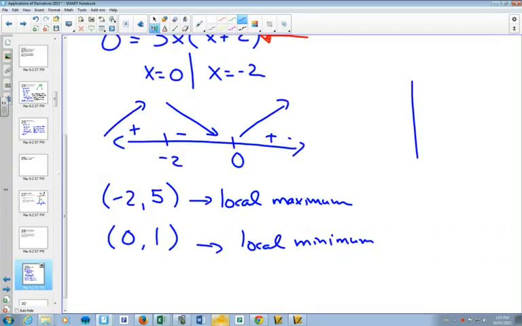Now when we go to graph this, we can plug in our points. We have 0, 1. We have negative 2, 5.